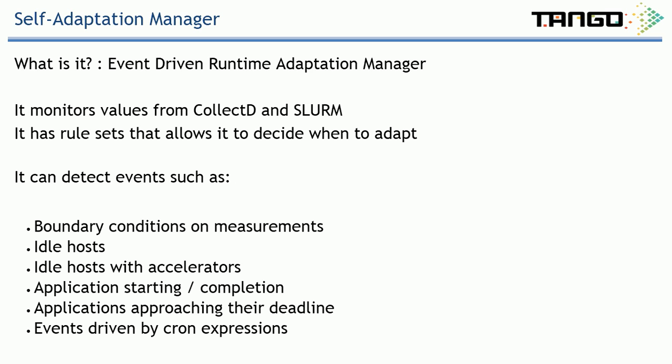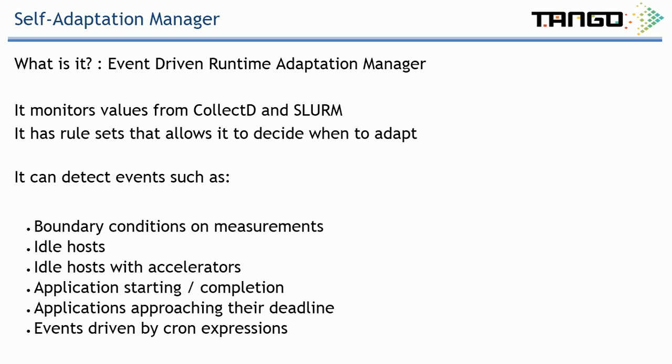It can also detect the applications which are starting and completing. It can also detect the applications approaching their deadline. So this allows the system to adapt and make sure that changes can occur to make sure the program doesn't terminate prematurely.